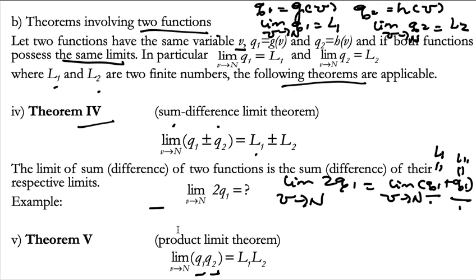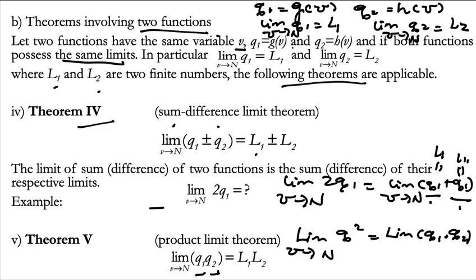Okay, so let's look at the example. Let's say we have the limit of q squared as v approaches n. Then it can be rewritten as the limit of q1 times q2, or q1 itself, because it's doubled here.